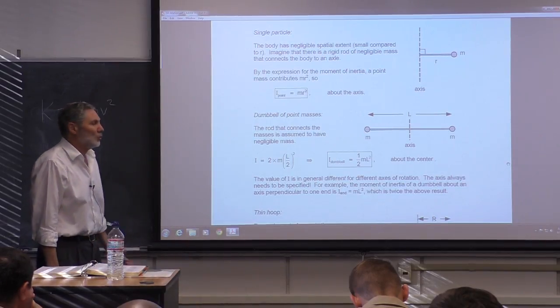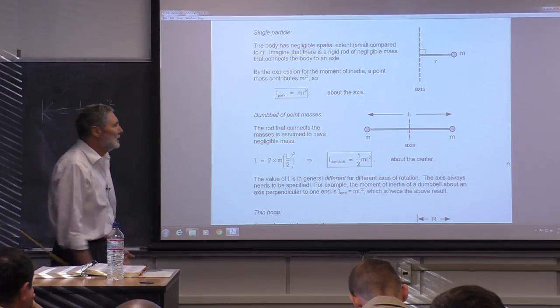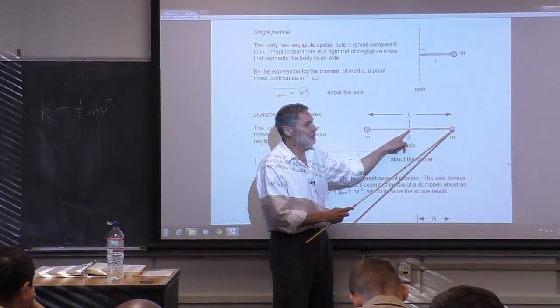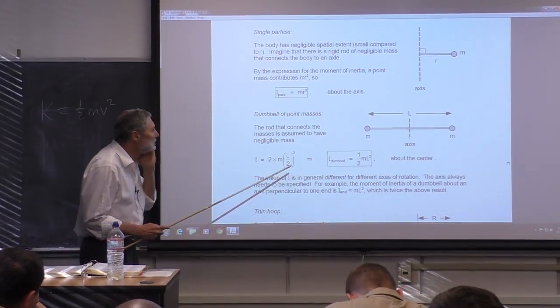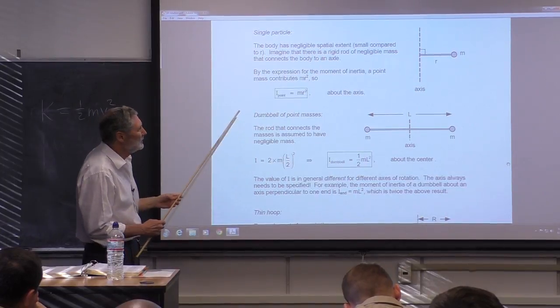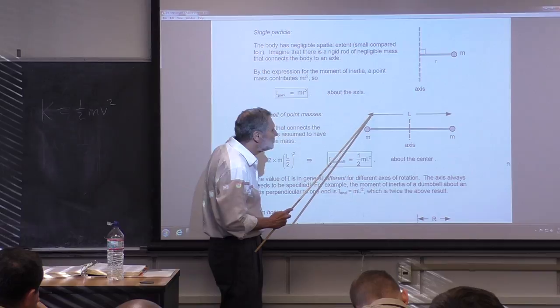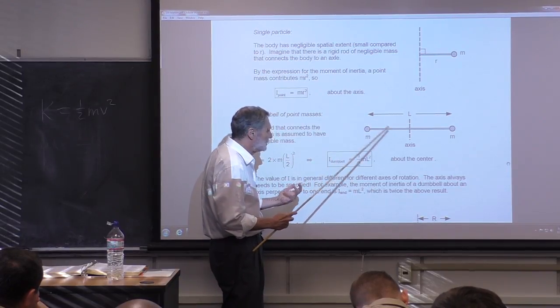So now, what's the moment of inertia? Well, this is going to contribute the mass times the square of the distance. This is going to contribute the same. So we just get twice. However, you always want to be careful here in terms of the dimension that's usually used here.